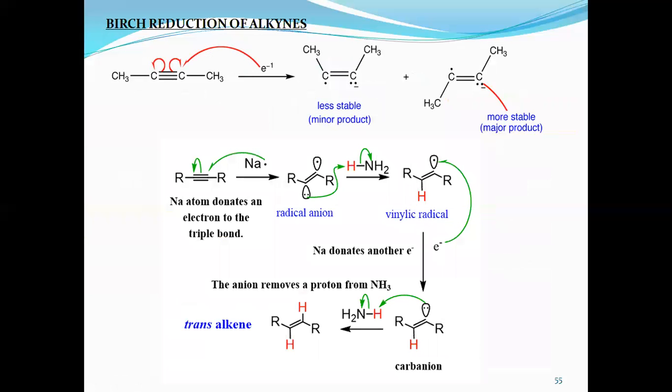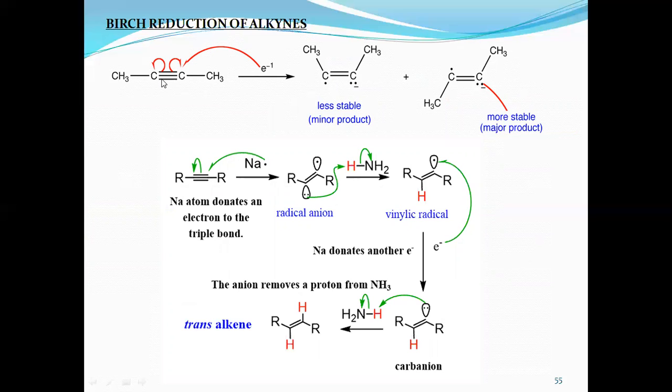Today, we will start with Birch reduction of alkynes. This is nothing but a simple reduction method, and alkynes are selectively converted into trans-alkenes.